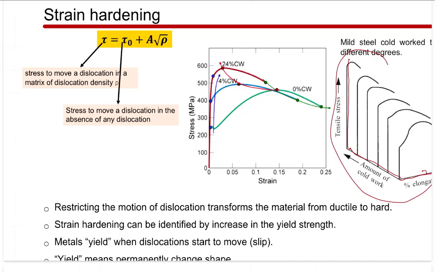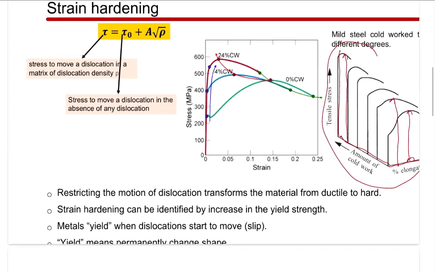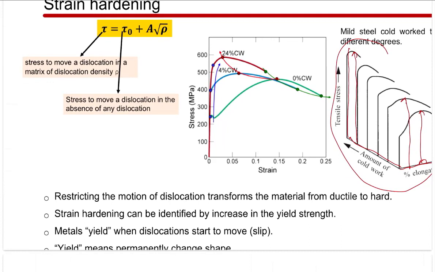As the amount of cold work is increasing, the strength of the material is increasing, but at the cost of ductility. Whenever you increase the strength of material, the ductility always decreases.